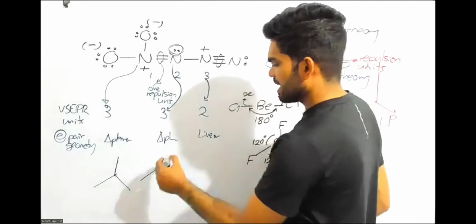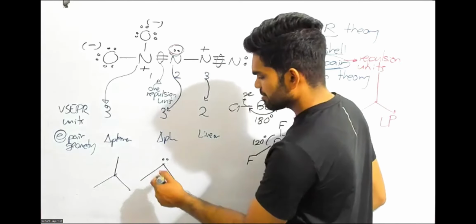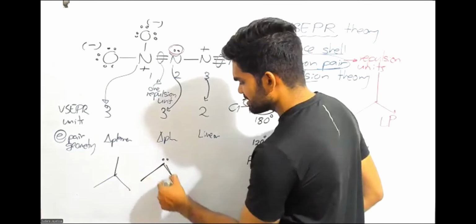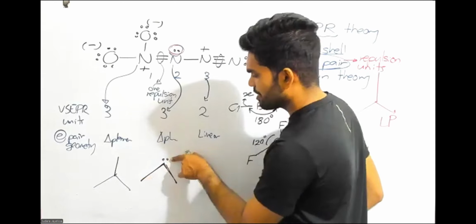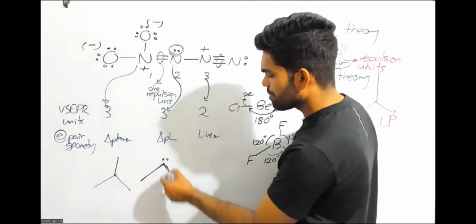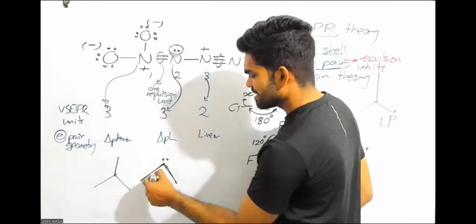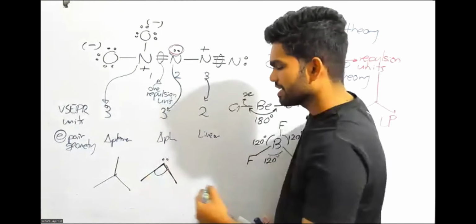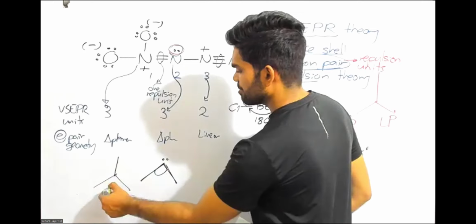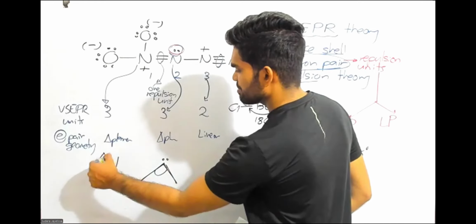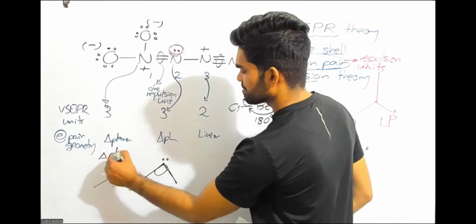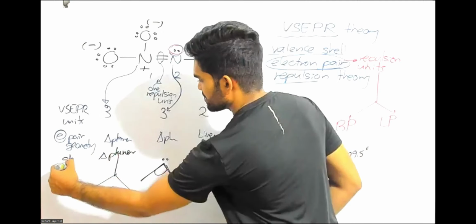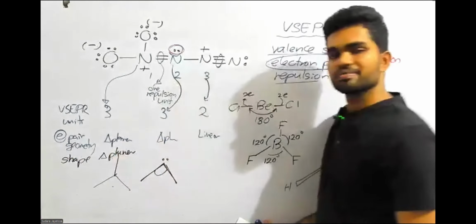It affects the electron pair geometry, but when we consider the shape, you will not see the lone pair, because there is no bond here. So we consider the bonds and decide the shape of this molecule. This is trigonal planar electron pair geometry, and this must be trigonal planar shape.